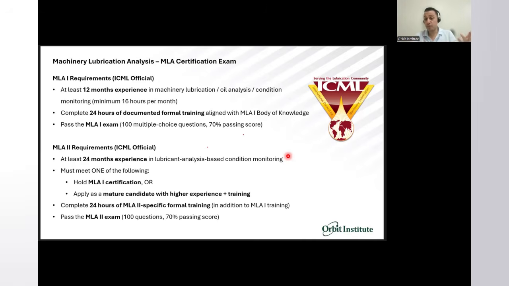And of course, Orbit Institute is providing an accredited training, which allows you to finish the training, and then a certificate will be released automatically from the Orbit Institute website, which makes you eligible to apply for the MLA 1 certification exam from the ICML.